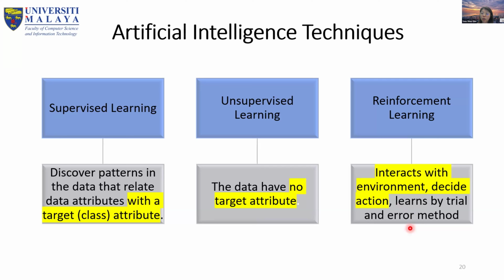This technique is actually applied to chess. For example, when you're playing chess, every step you take, the environment will change. Based on the environment, we need to decide what kind of actions to take so that we can win the game. So this is the reinforcement learning idea.